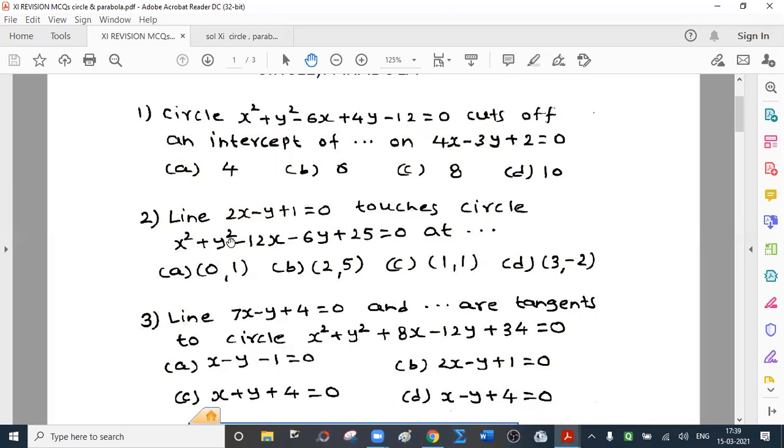Yes, it does. Of course, you have to check whether this satisfies the equation of the circle or not, or some students may say that instead we will verify that these are not satisfying the equation of the line. That is also correct, but for example 4 plus 1 is 5 minus 5 is 0, this is also satisfying. So it is better to check whether 0, 1 satisfies the equation of the circle or not, because that touching point will lie on both the line as well as the circle.